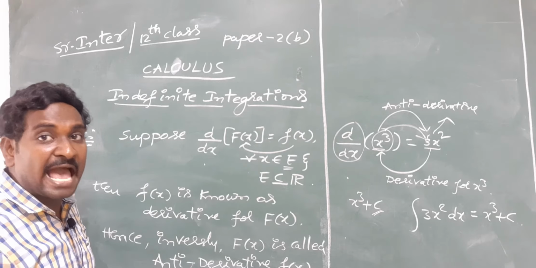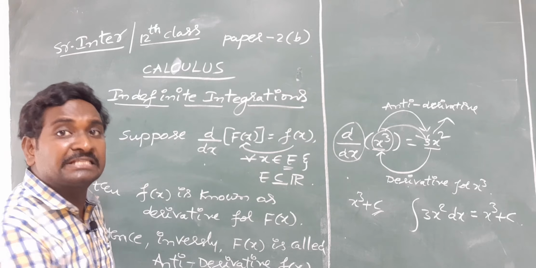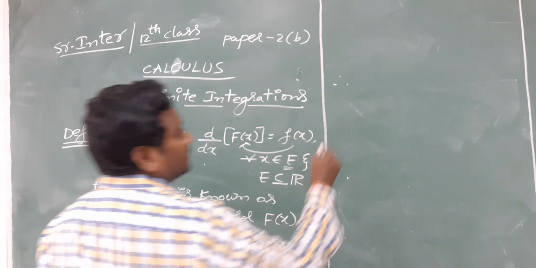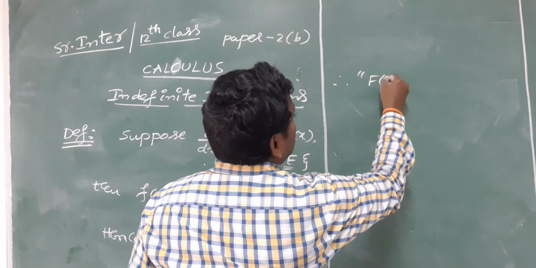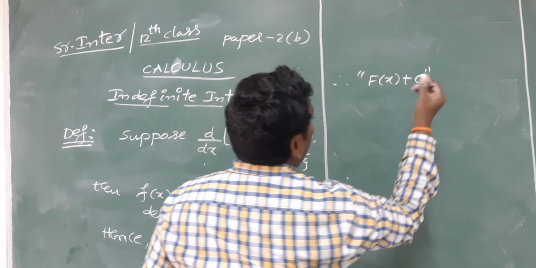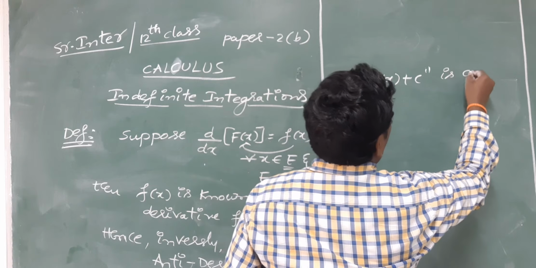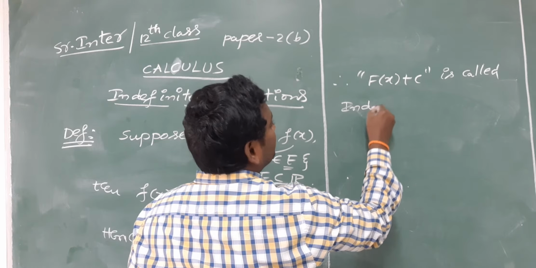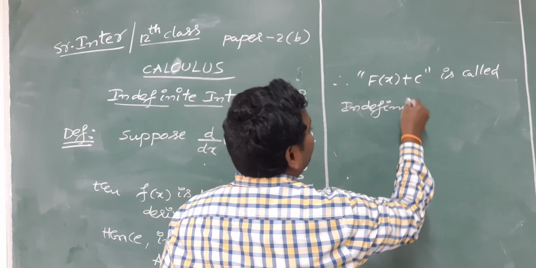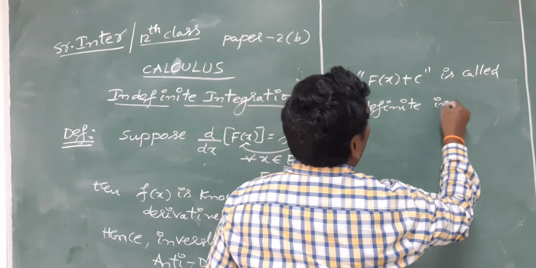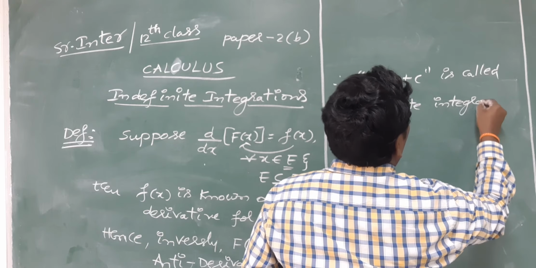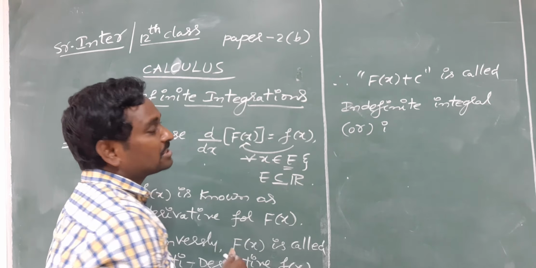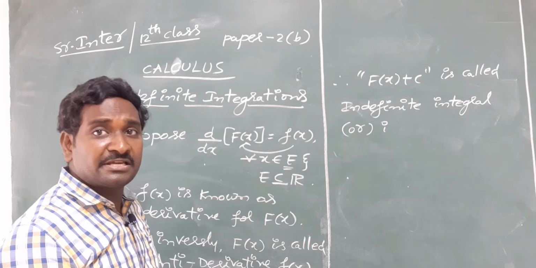Whenever small f of x has an antiderivative, only then is its integration possible. Capital F of x plus c is called the indefinite integral, or simply the integral. Indefinite integrals are also simply known as integrals.